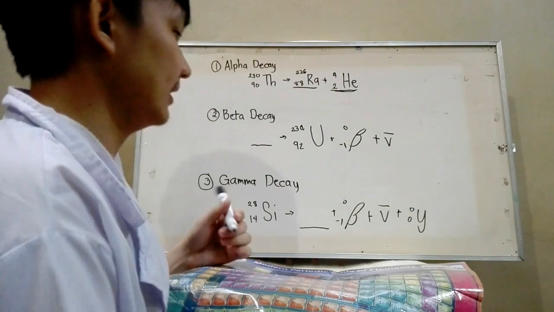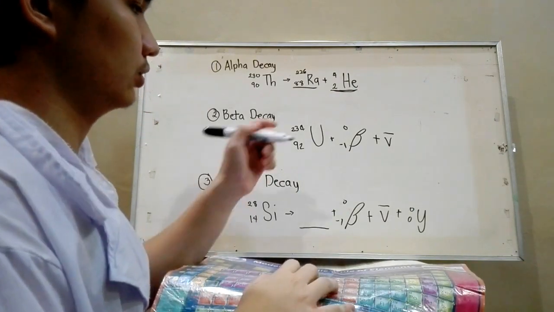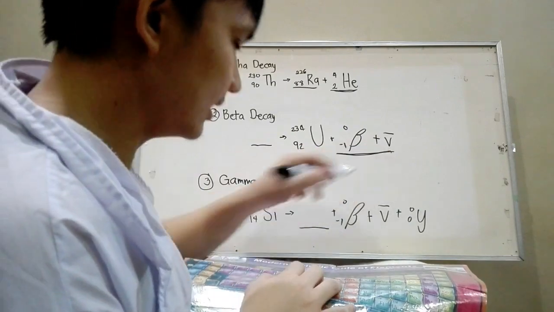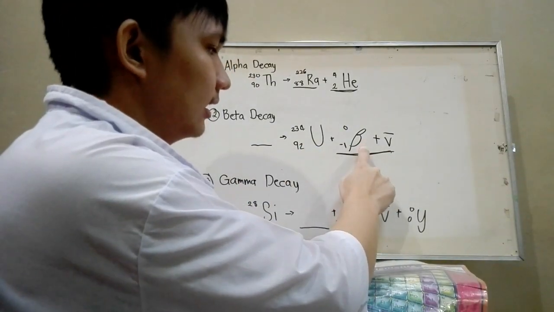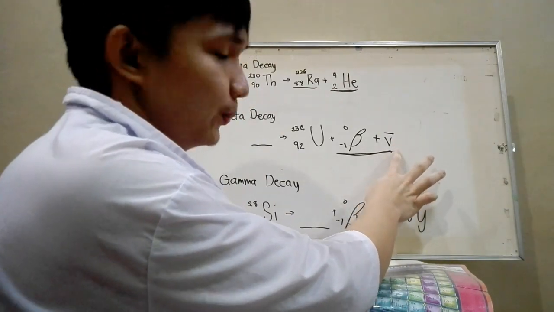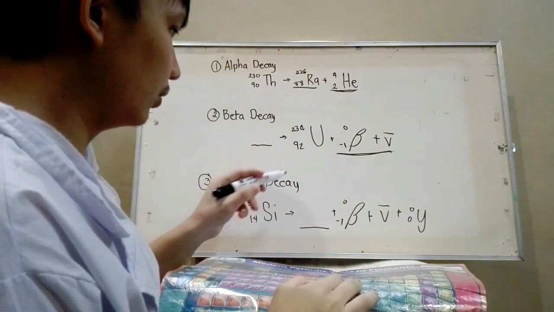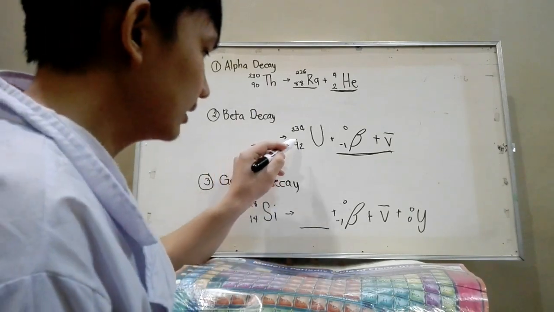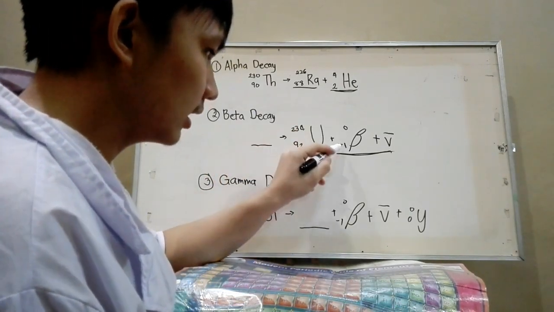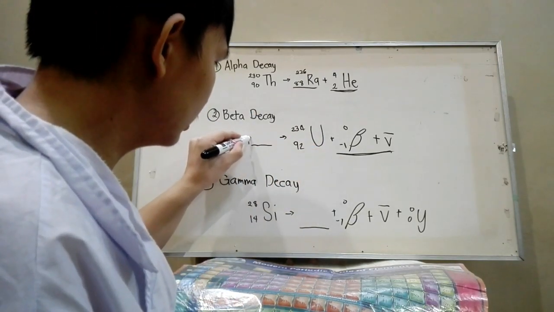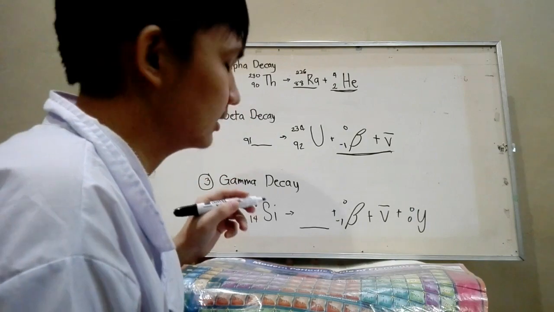The next one is beta decay. So the highlight on this decay is this. This is an electron, and this is an antineutrino. So you will think of an element when 92 is subtracted by 1, it will give you the 91 element.